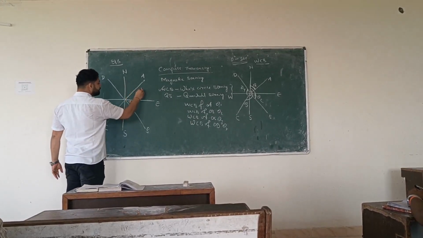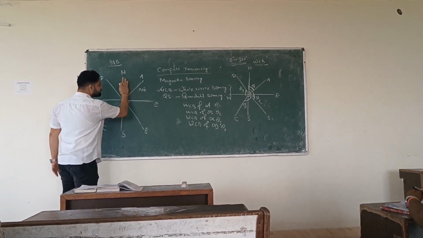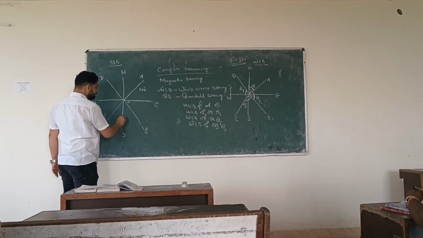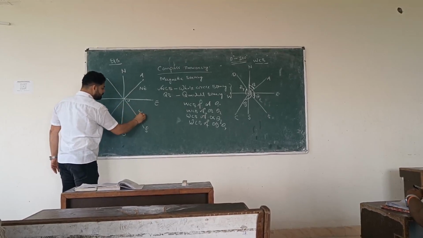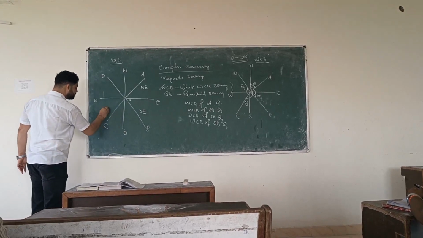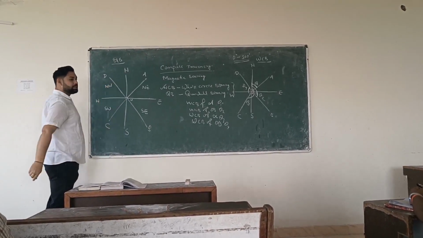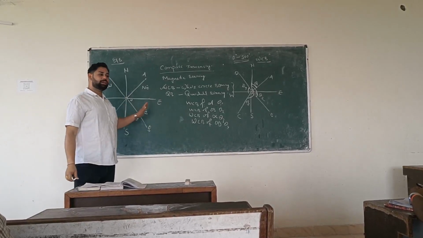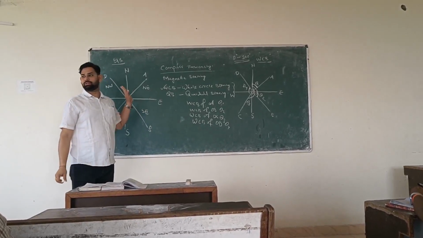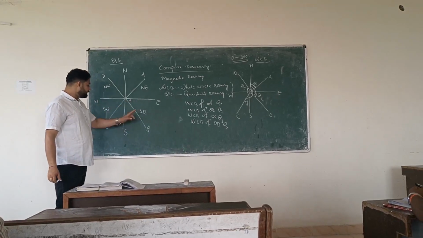First quadrant is your northeast. This is the southeast quadrant, second quadrant. This is the southwest quadrant. This is the northwest quadrant. The quadrant will be counted from only north and south. Have you seen east north or east south?